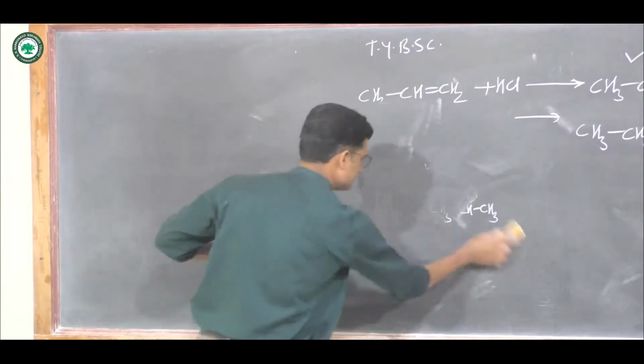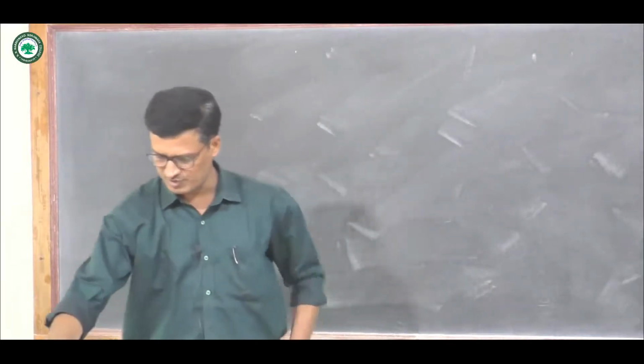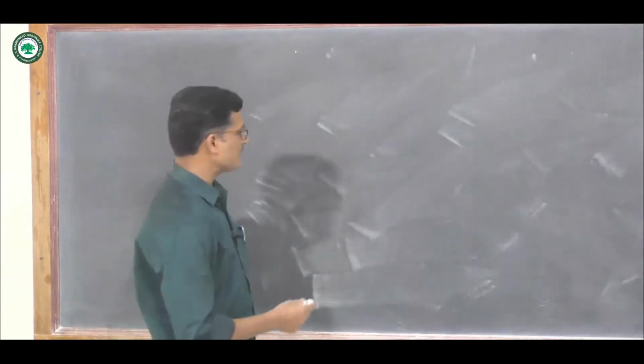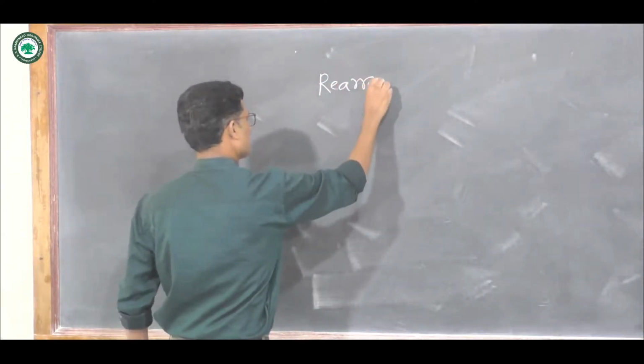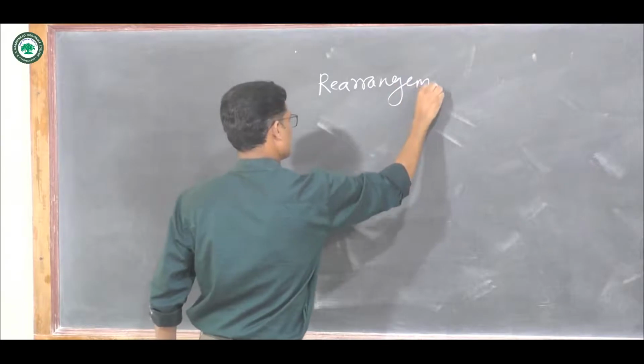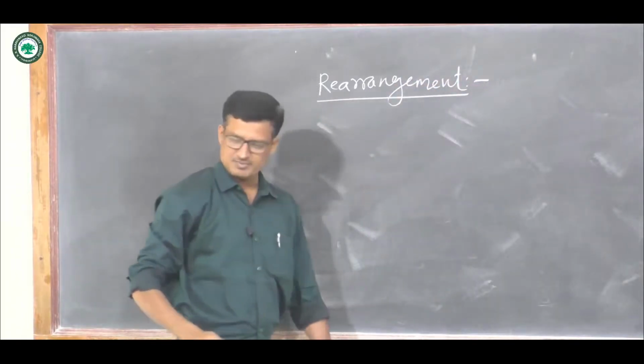Then what is the support for this mechanism? In the addition of HX, there is formation of a carbocation. But what is the support for the mechanism? That is rearrangement. Means what happens when we take a simple example.